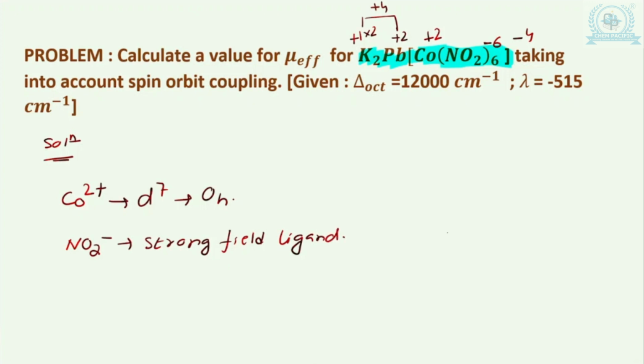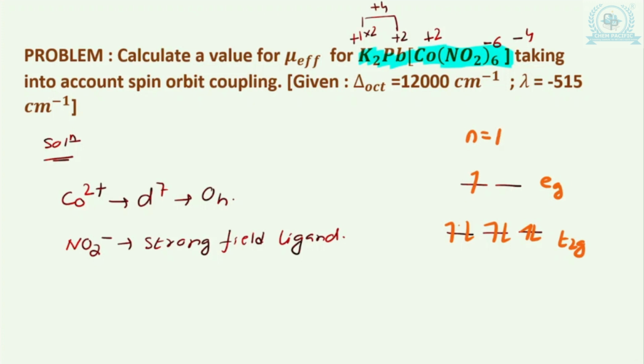Okay? So you have the octahedral, and now the low spin. So this is your t2g and this is your eg. You have the low spin 1, 2, 3, 4, 5, 6. Okay, so you have the d7, so the number of unpaired electrons is equal to 1.